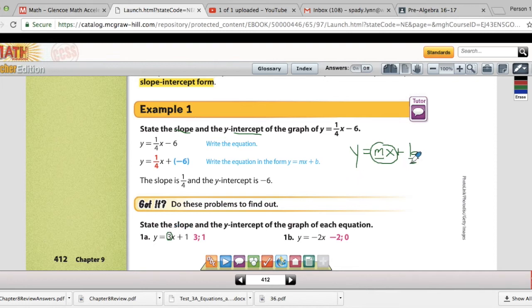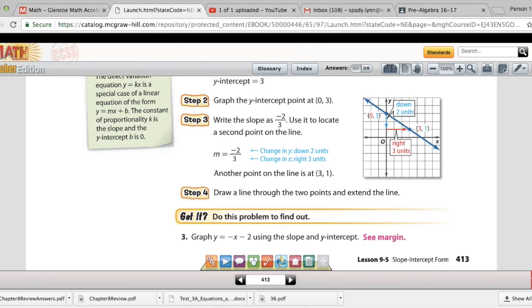And the y-intercept is always that plus or minus afterwards. In this case, the y-intercept is 1. And in this case, the slope is what's in front of x, the coefficient, -2, and what's after is nothing. So it's a y-intercept of 0. Pretty easy to identify if it's written in that format.